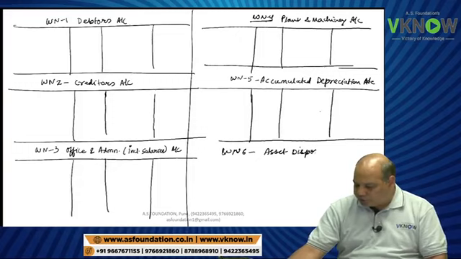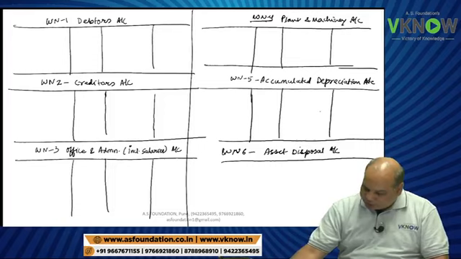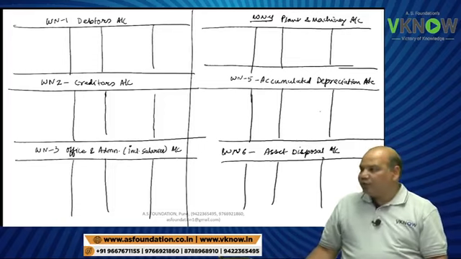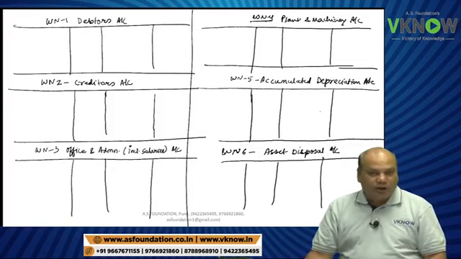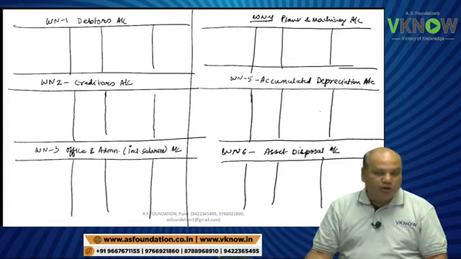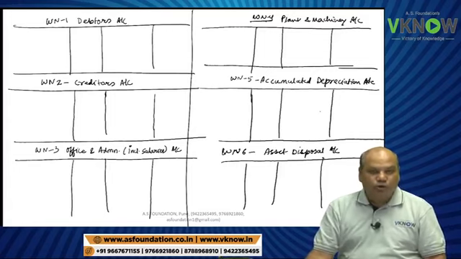In this question, cost is given separately, accumulated depreciation is given separately, so we will also keep them separate. Can we combine these three accounts? Yes, you can do it, no harm. Both ways it is okay.